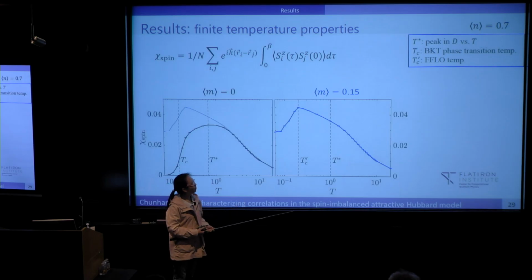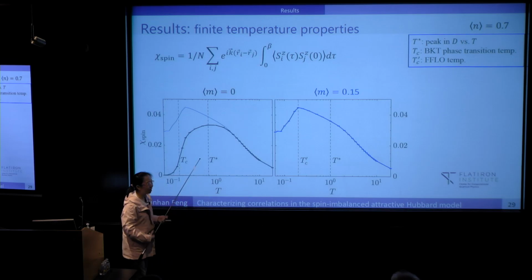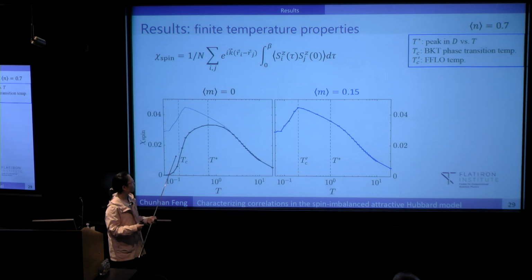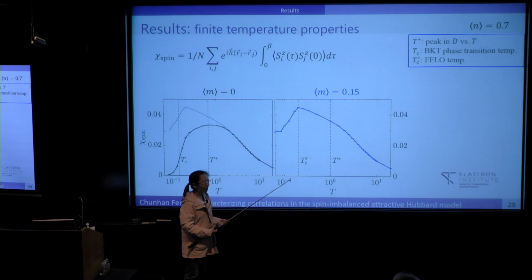Yeah, that's a really good and pretty hard question, I think. So basically, for the spin-balanced case, we can do things like finite size scaling using some critical exponents to do data collapsing to get this TC value. But for the spin-imbalanced case, based on my data, it seems like the pairing correlation decays pretty fast, at least a power law decay, or even faster than that.